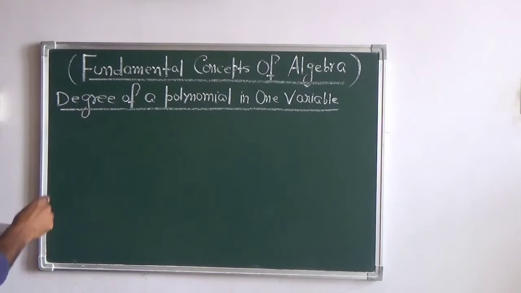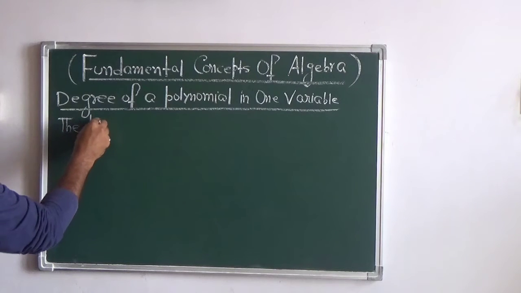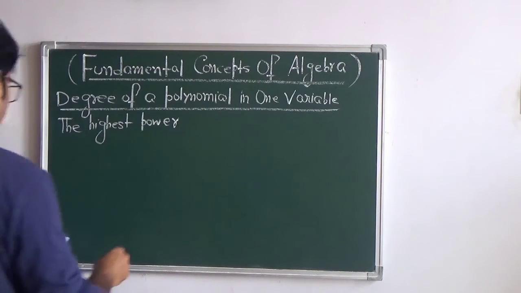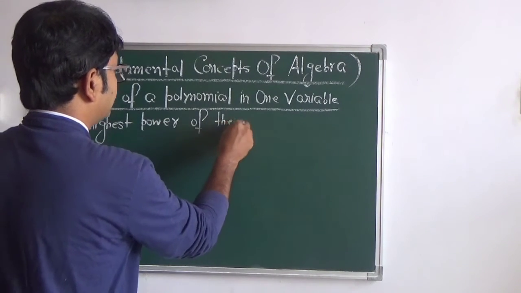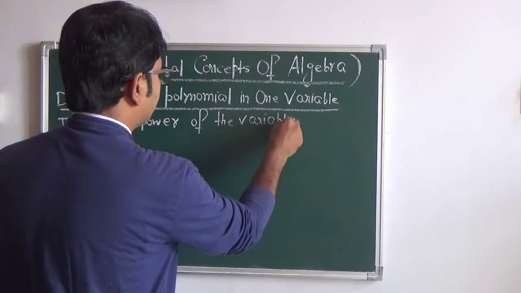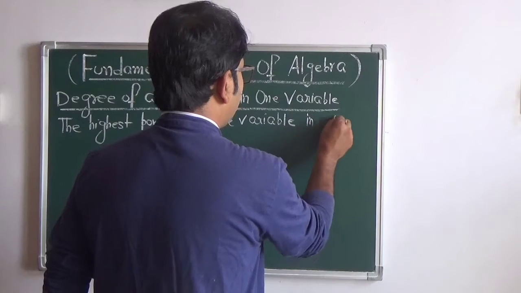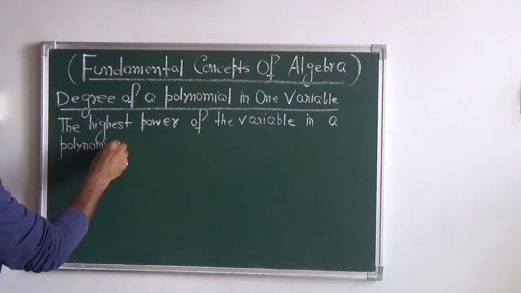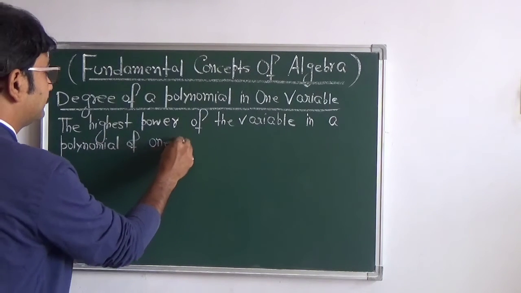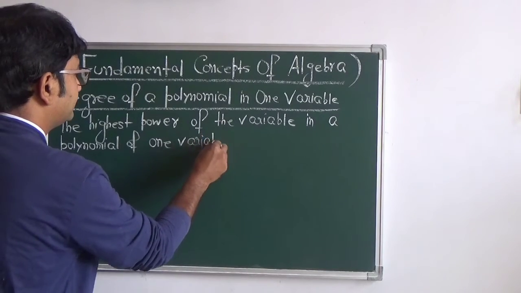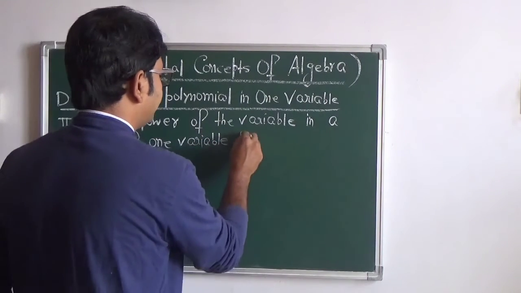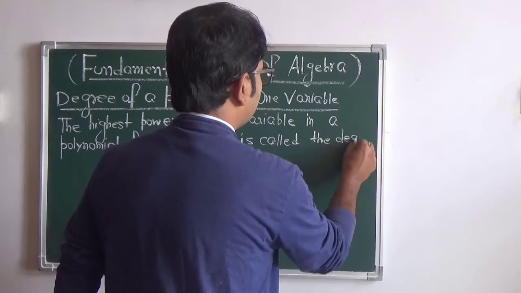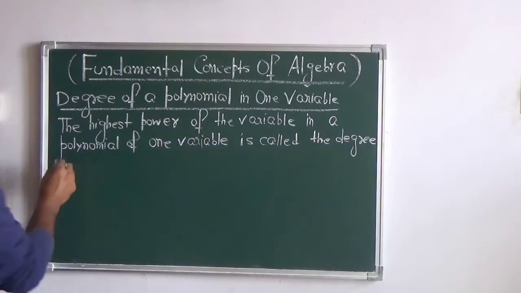So now write down: the highest power of the variable in a polynomial of one variable is called the degree of the polynomial.